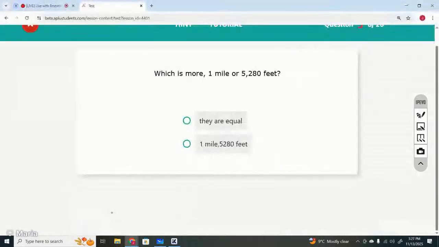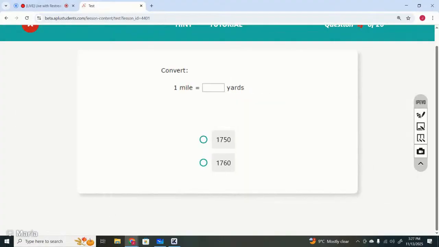So the question is which is more, 1 mile or 5,280 feet? They are exactly equal.